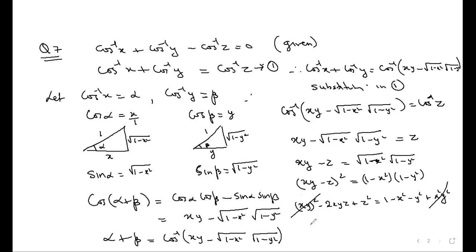So at last we got answer. x square plus y square plus z square minus 2xyz is equal to 1 रहेगा ना? How you wanted answer? Equal to 1. ऐसा है क्या? That's the format now. x square plus y square plus z square equal to.